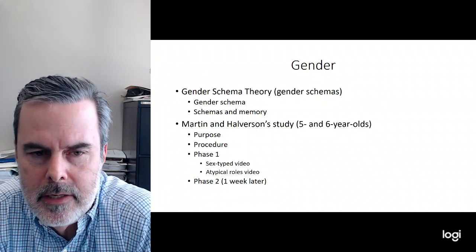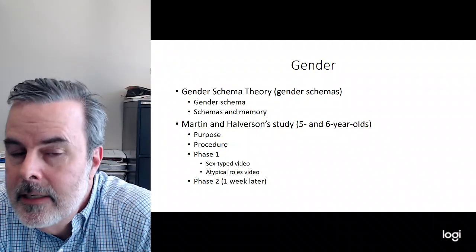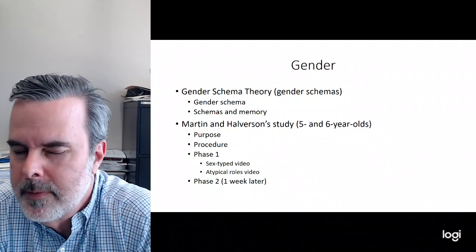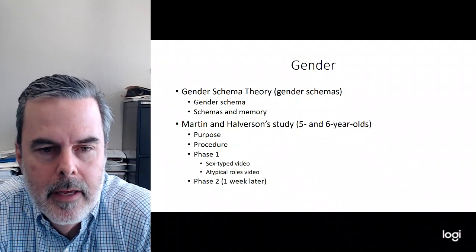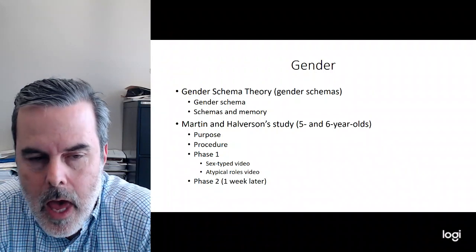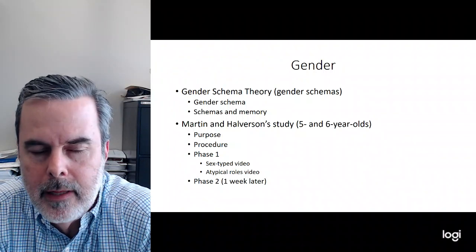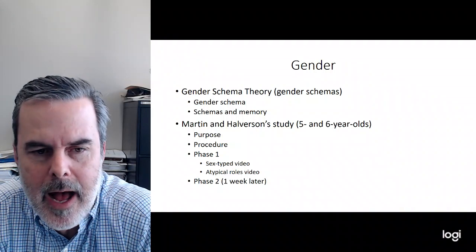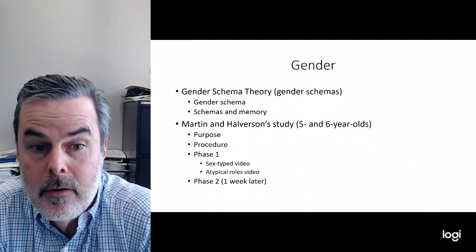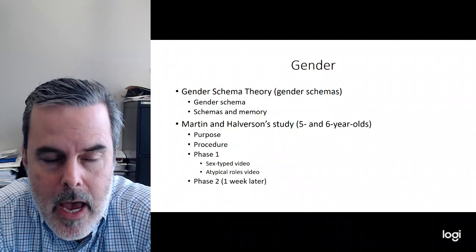This study was done some decades ago, and it's not clear to me whether the results will be replicated today because the gender schemas may have changed, but several decades ago there were many more men playing the roles of doctors, hospitals and whatnot, than there are today. But that's what happened in the sex-type video condition.